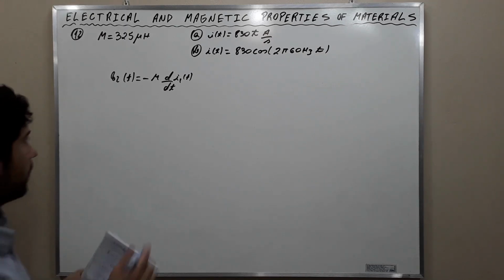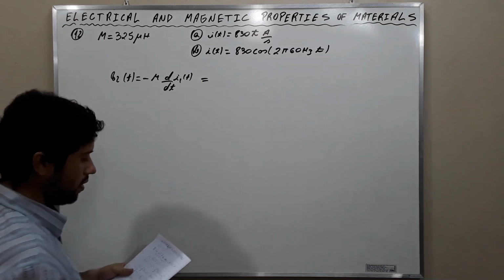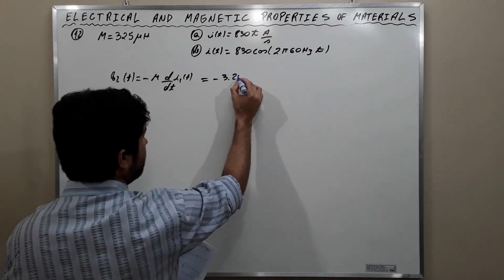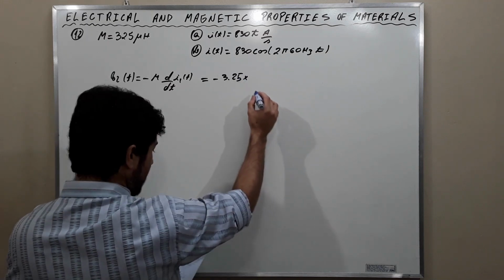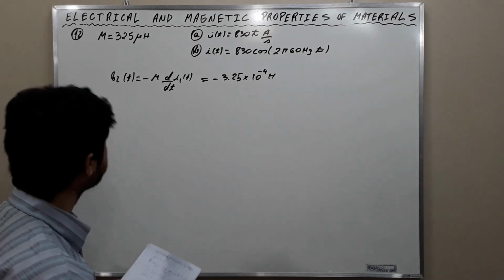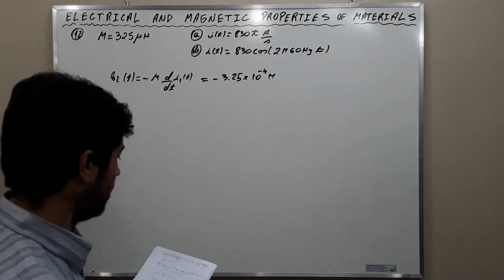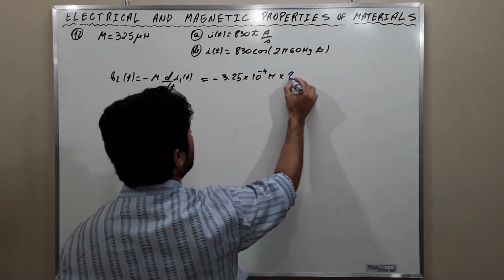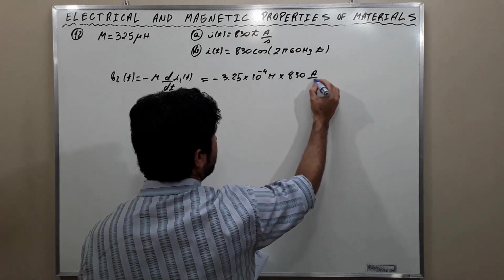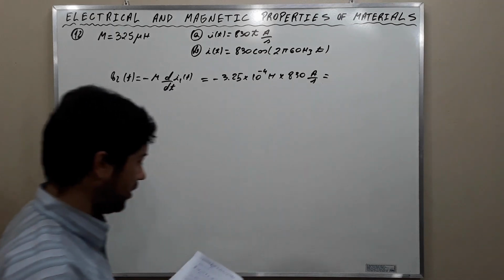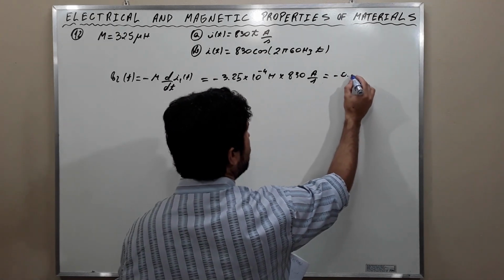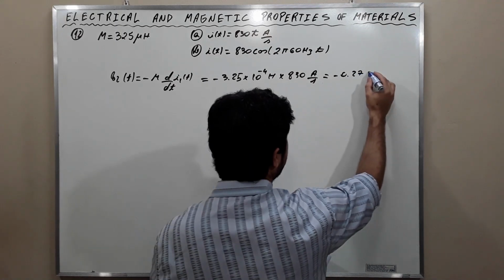And using the data, we find that it is negative 3.25 times 10 to the negative 4 Henry times 830 amperes per second. And this gives a voltage of negative 0.27 volts.